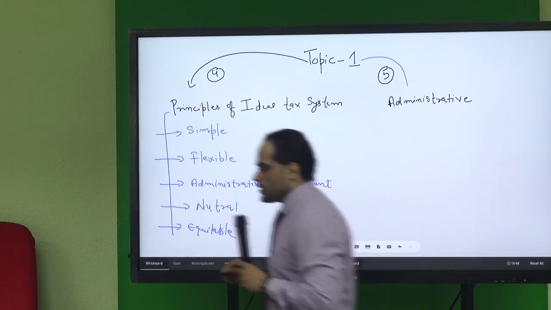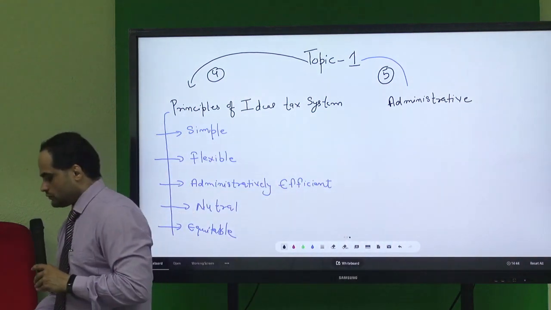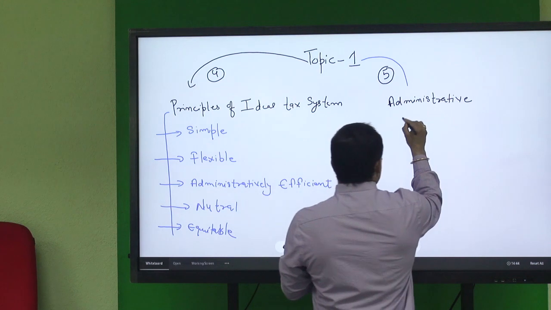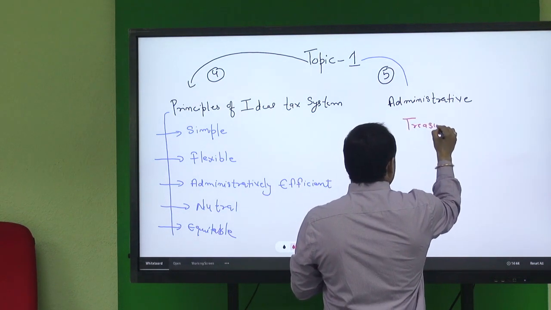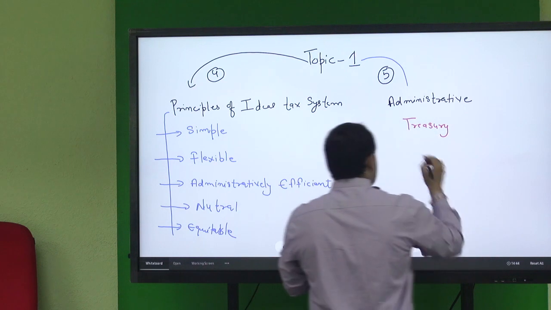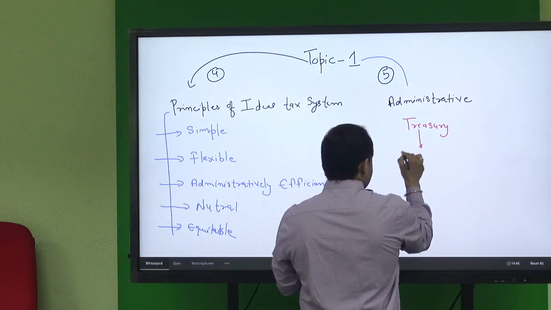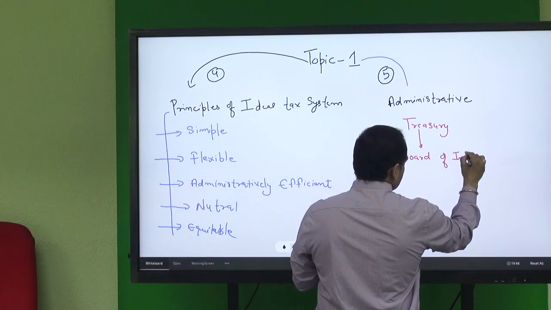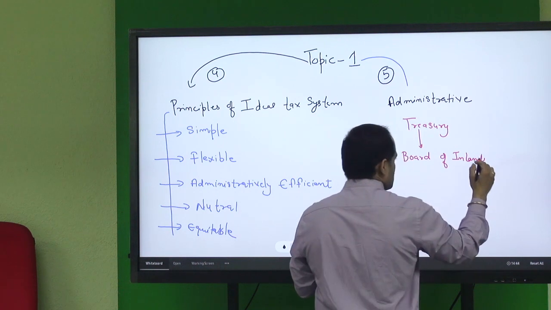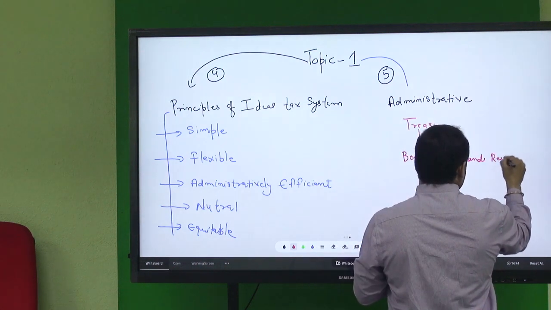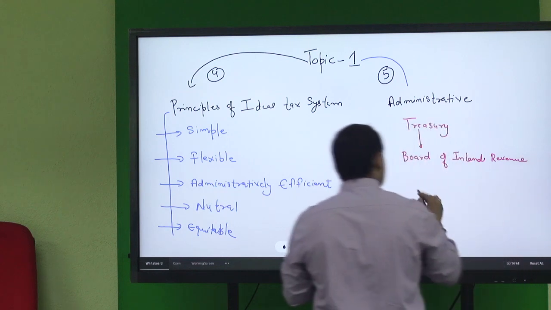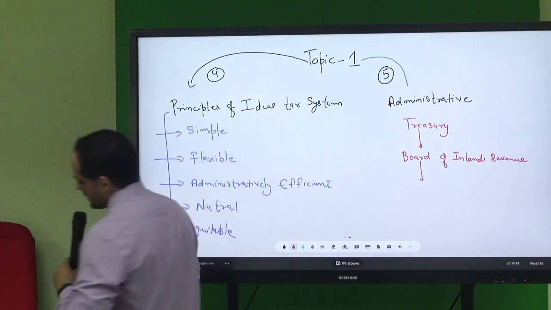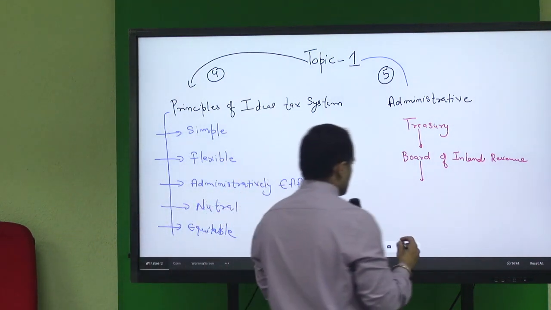Administrative, all right? So the first is the treasury. Next we have regions.